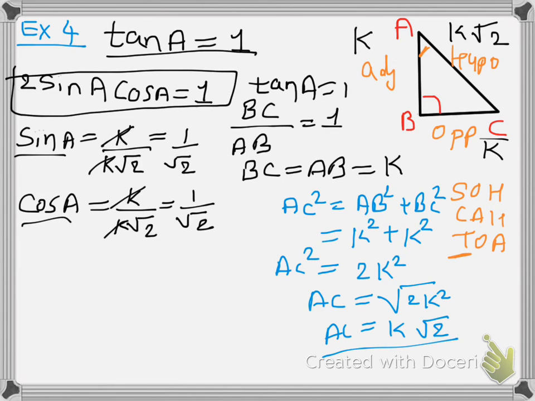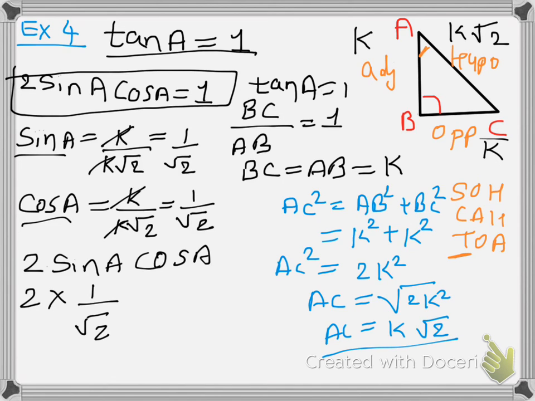Now let's just plug it in and see if that's really true, if we can prove this. So 2 times sine A times cos A is equal to 2 times 1 over square root of 2, right? Sine A is 1 over square root of 2, and cos A is also 1 over square root of 2.